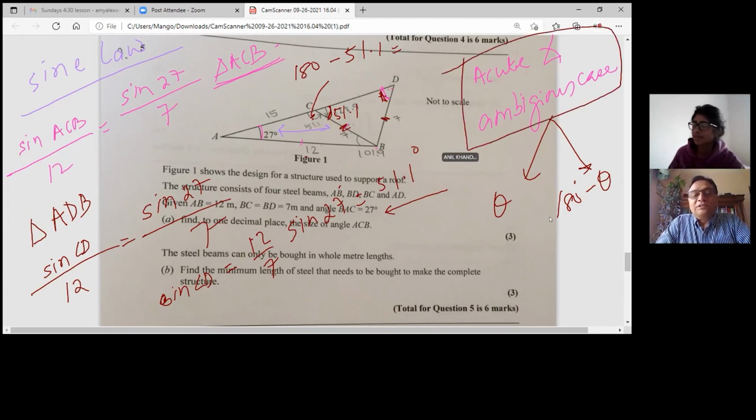Because you see, sine law is being applied here in the given situation. Now you have to make a judgment. They are asking to find the angle ACB, which should be the other angle, the obtuse one. Is that clear to you? Yeah. So that is how you're going to answer this question, right? I see. Yeah.